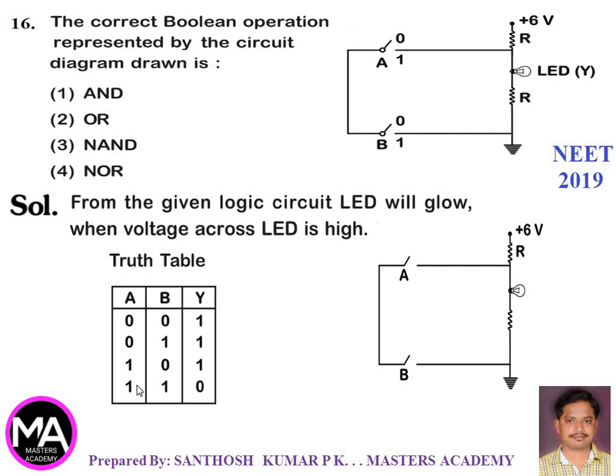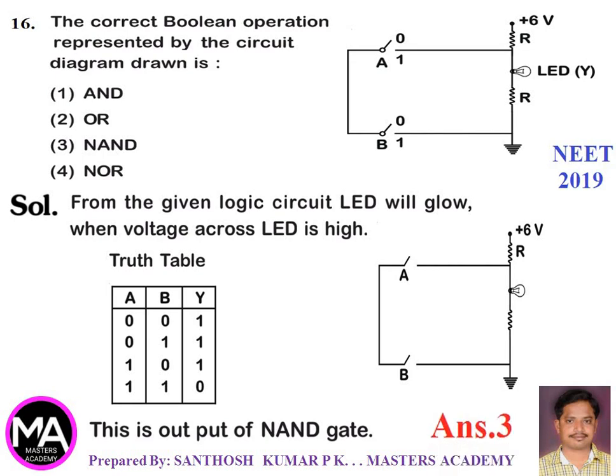Now A and B both are 1, the current will flow through this, therefore the LED will not glow. So the LED will only glow whenever the voltage across the LED is maximum. The voltage will be maximum in three cases: A0 B0, A0 B1, A1 B0. In all these three cases, it will glow. It is nothing but the output of a NAND gate. Therefore, the option is third one, a NAND gate.